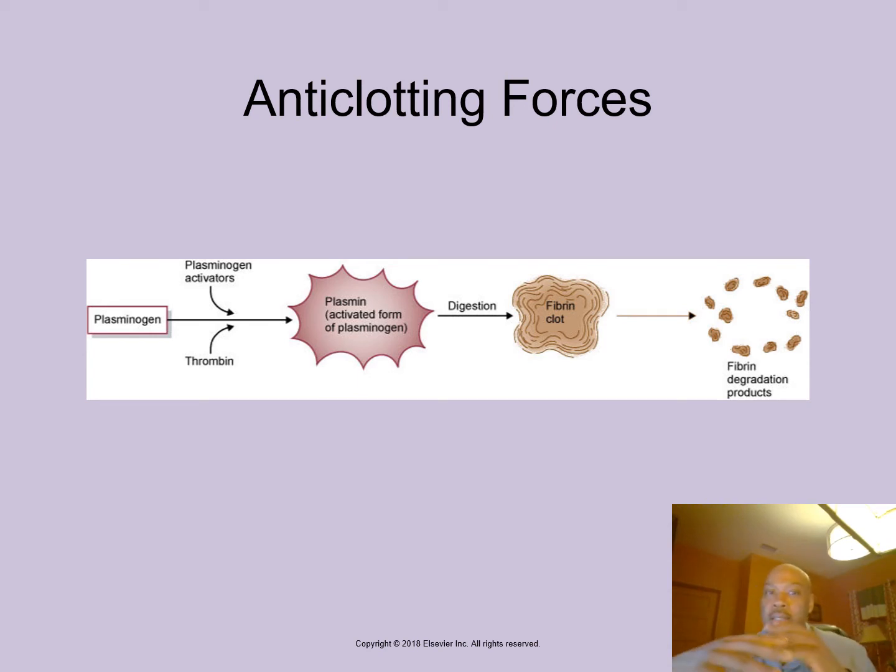I mean, you don't want a systemic effect. You just want essentially that local area to be repaired, to stop the bleeding in the local area. So again, the anti-clotting forces come into play in order to bring about that balance.